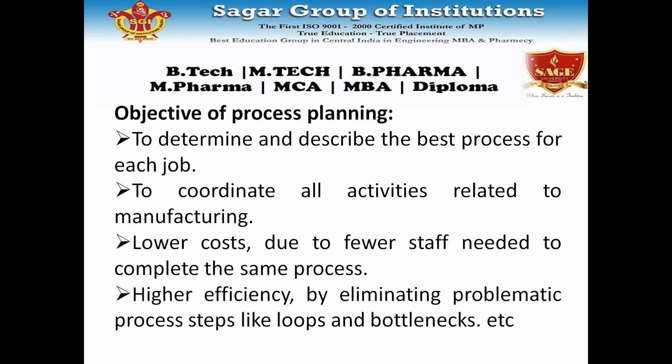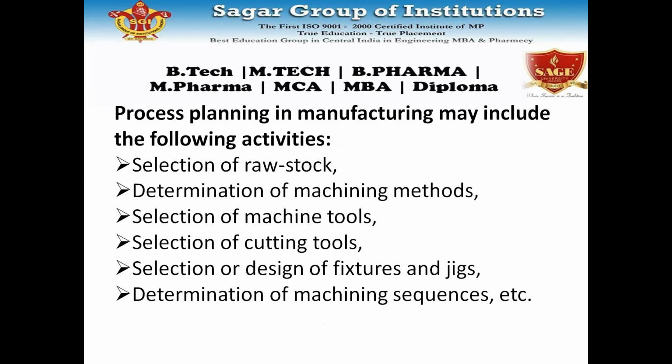Then let us discuss the activities which are actually considered under process planning. Here are a few of them. Selection of the raw stock. Second, we have to determine the machining methods. Third is the selection of the proper machine tools.